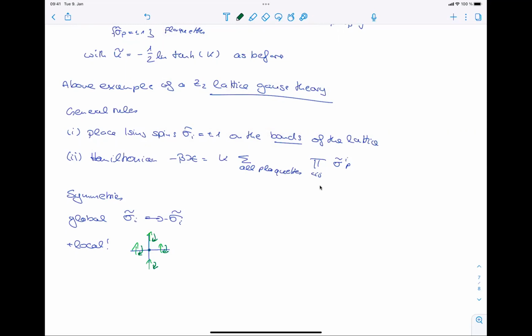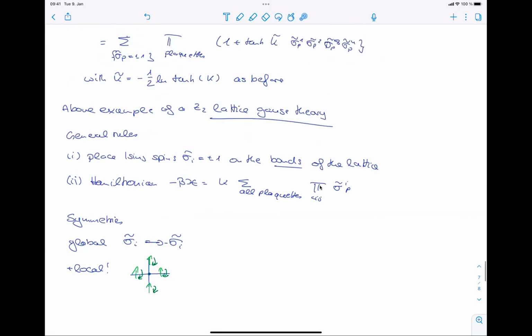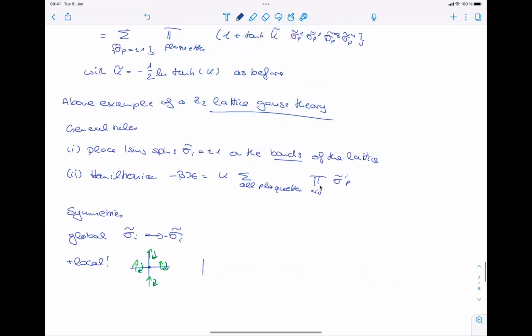So how can we see this? Because all these go together, right? The plaquette is summing over all four spins. So if I change all that are next to a side, and the plaquette was defined as summing over these loops.